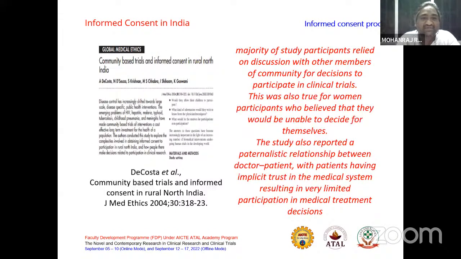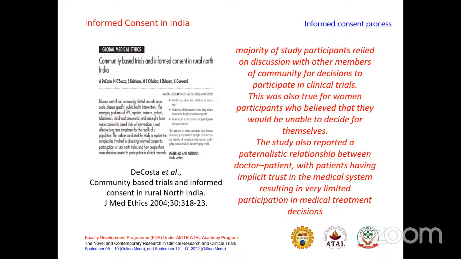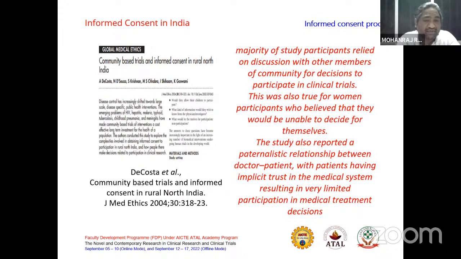And number two is a community-based trial in very rural North India, performed by D'Costa et al., published in 2024 in the Journal of Medical Ethics. This study gives more limitations regarding clinical trials in terms of rural people.